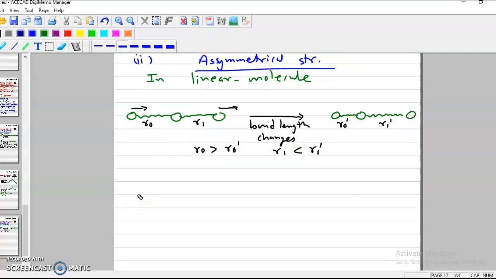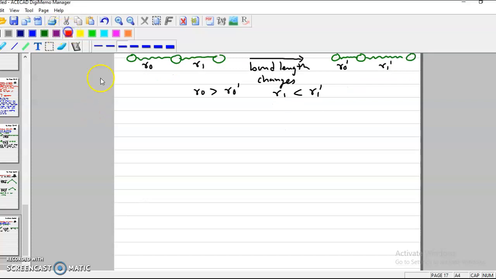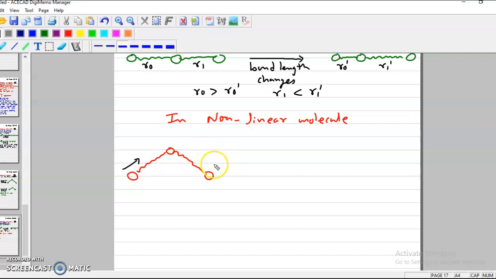Now see what happened in non-linear molecule when asymmetric stretching takes place. So here atoms are at definite distance. Now here also one atom will go in this direction, another will move in opposite direction. So these are the distances R0 and R1, both are same in fact.